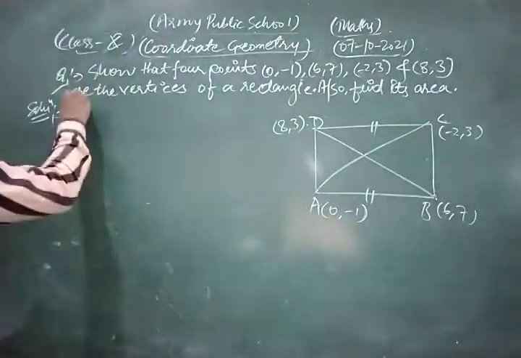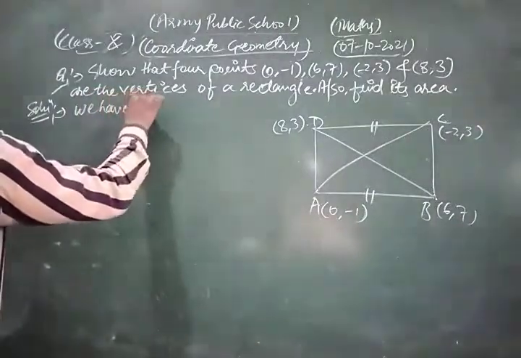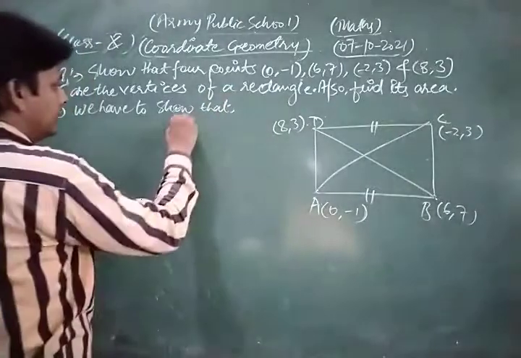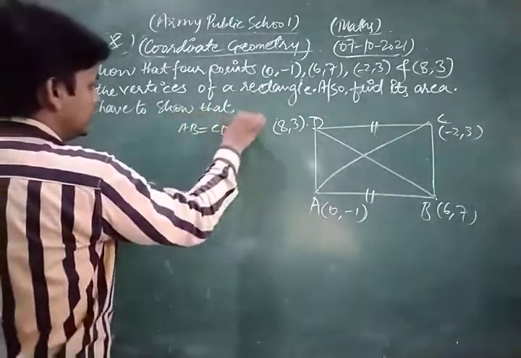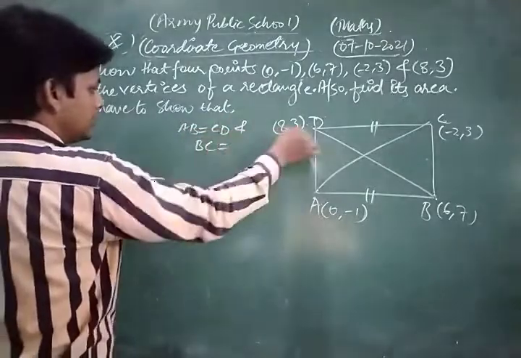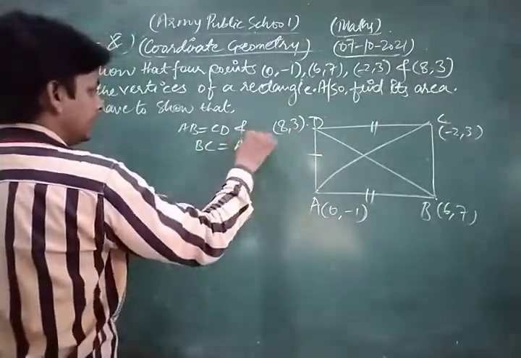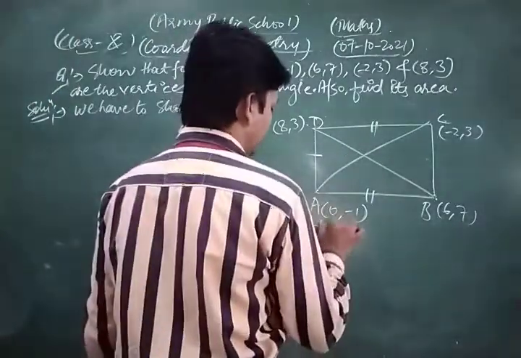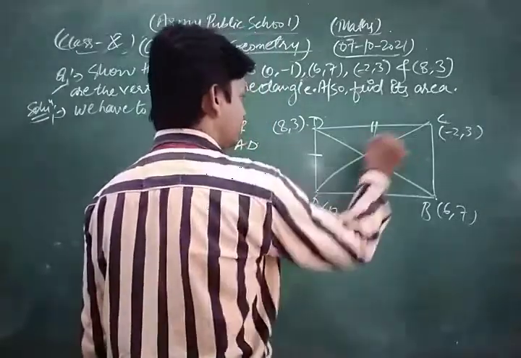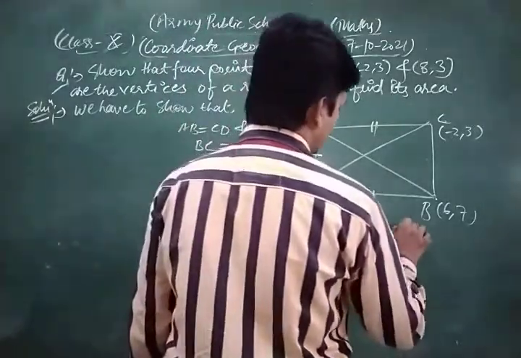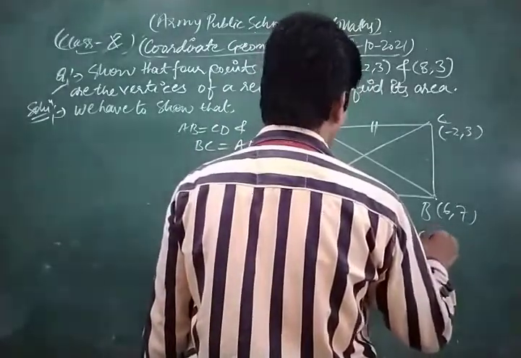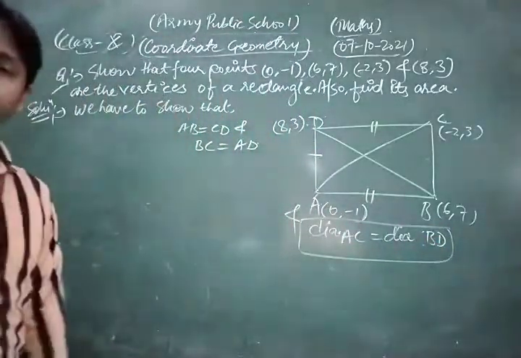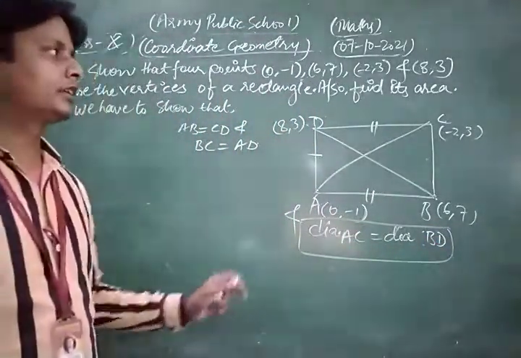It means that we have to show that AB is equal to CD and BC is equal to AD. Means we have to show that opposite sides are equal and also diagonal AC is equal to diagonal BD. If we show these two things, then we can say that these are the vertices of a rectangle.